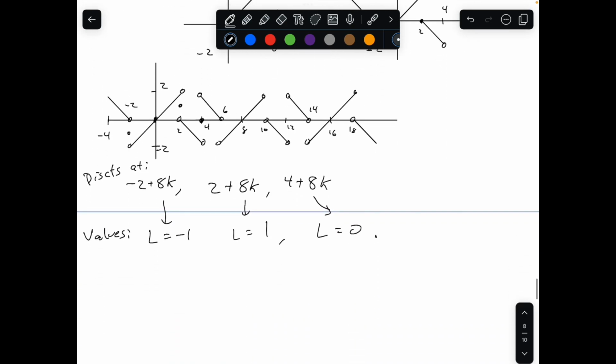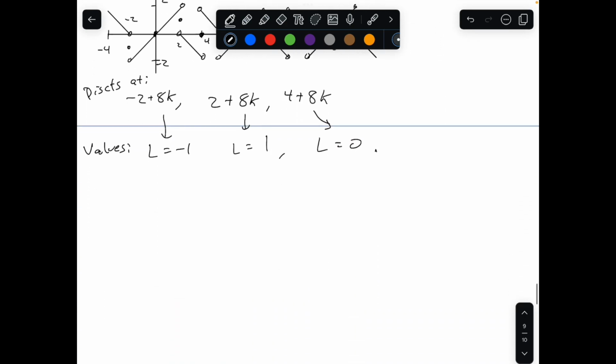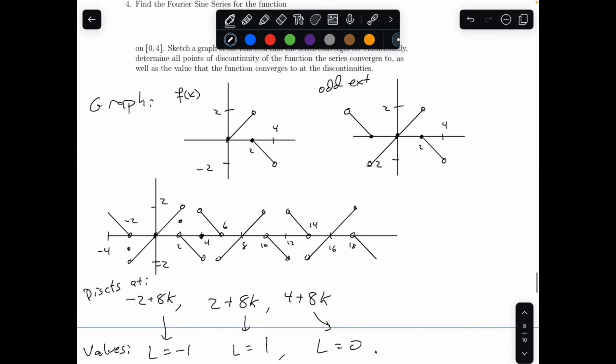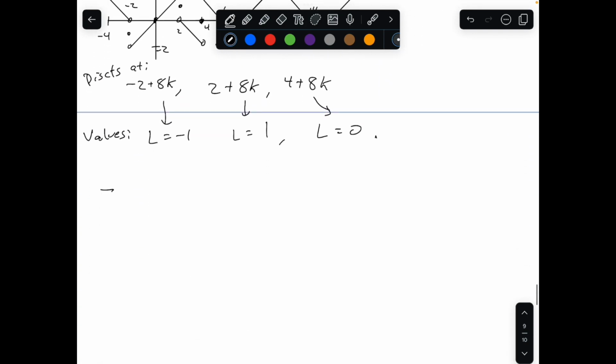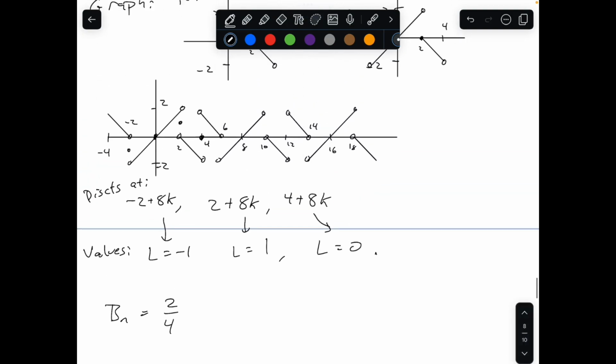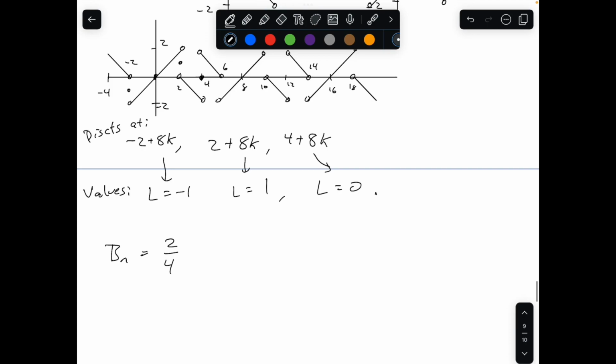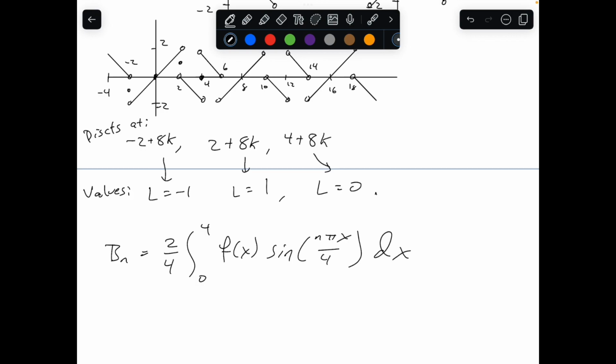All right. And then as far as computing the coefficients for the Fourier sine series, Bn is going to be 2 over L times the integral, and L is 4 in this case, right? We're going from -4 to 4, L is 4. And then we integrate from 0 to 4, f(x) times sine of n pi x over 4 dx.